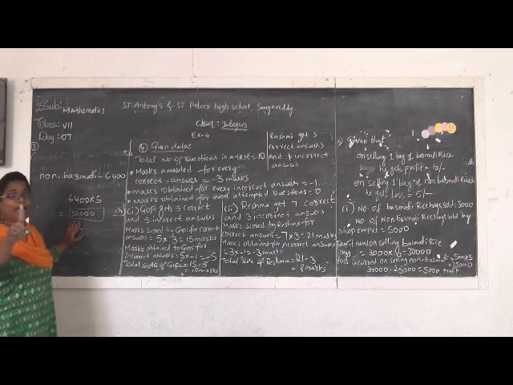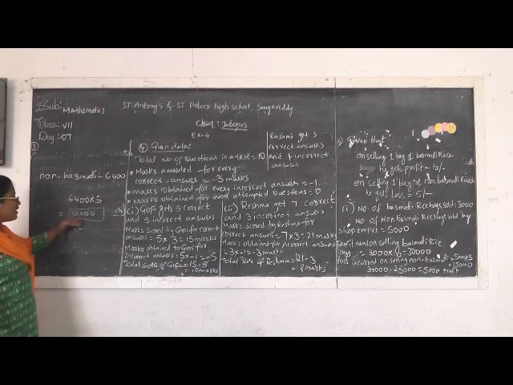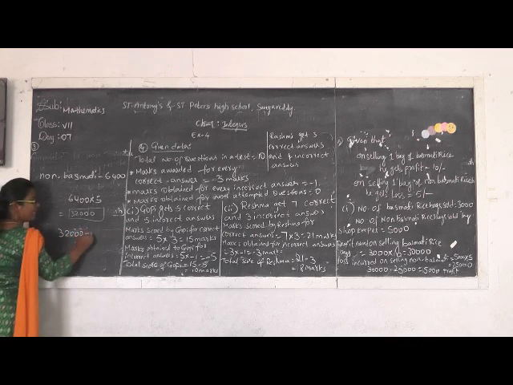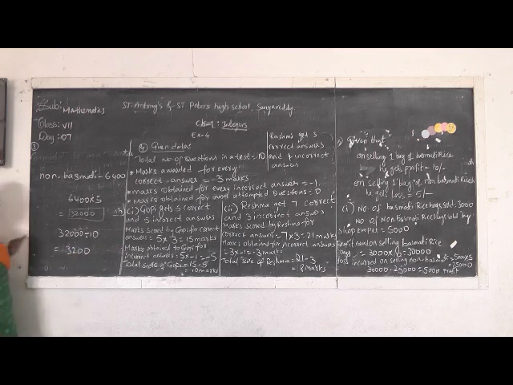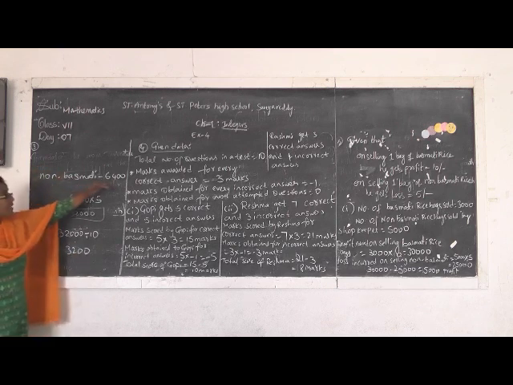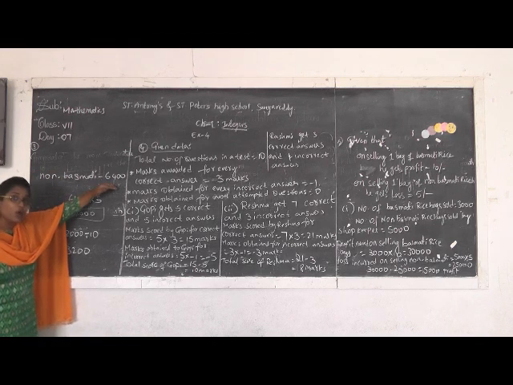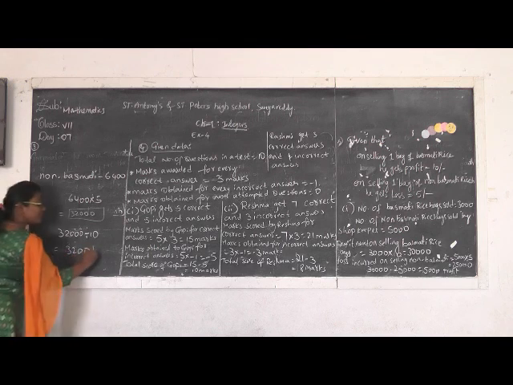Why? Because one bag of basmati rice if you sell, you will get 10 rupees profit, right? So if you divide 32,000 by 10, you will get 3,200. That is nothing but what balances his loss. If he sold 6,400 bags of non-basmati rice, to clear that loss, he has to sell 3,200 bags of basmati rice.